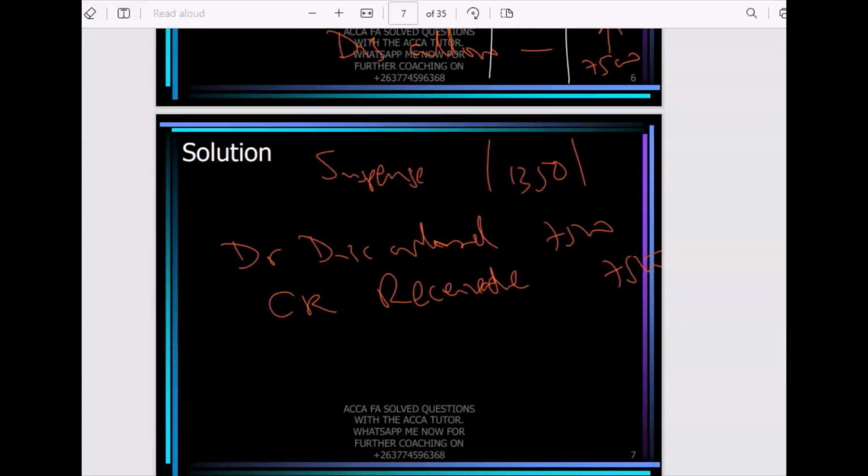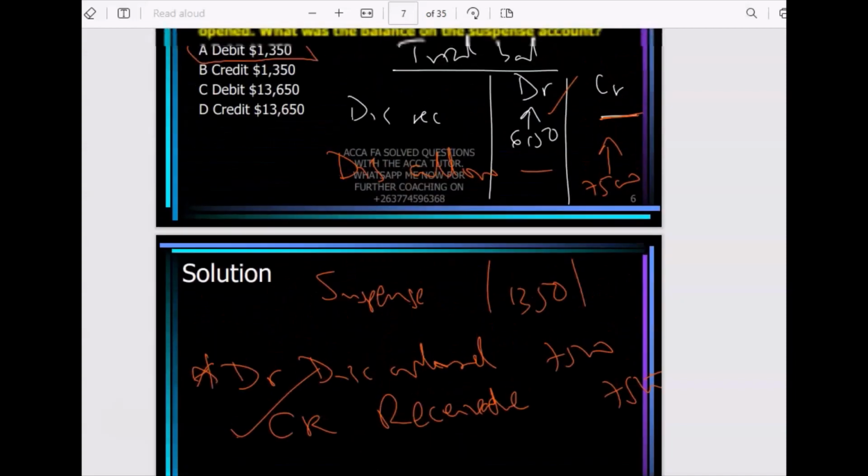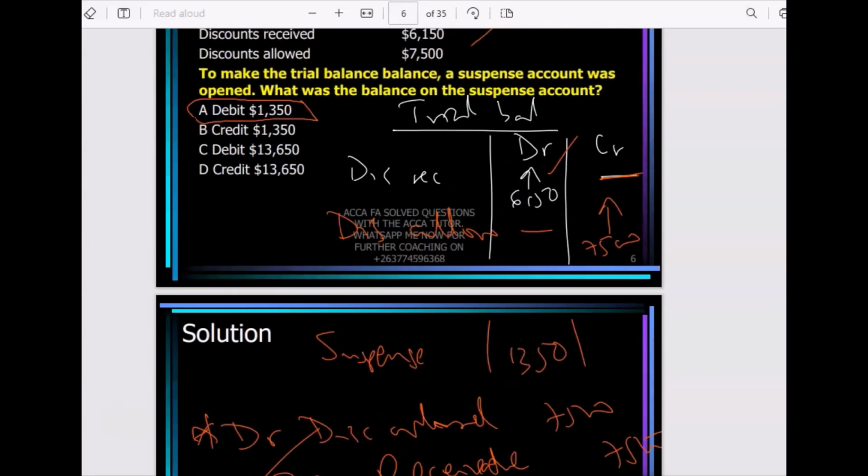However, when we were extracting the trial balance, we only extracted the credit side and forgot to extract the debit side, the discount allowed part of it. So because we did not extract the discount allowed portion, the credit side was overstated by 7,500.